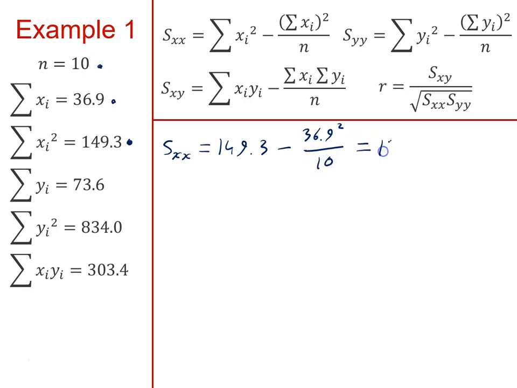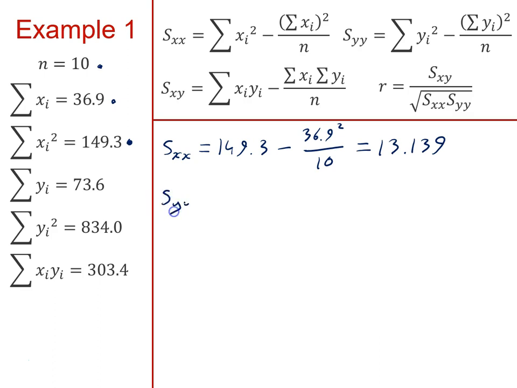Pop that in the calculator, 13.139. I've done it to 3 decimal places. You should always go a little more accurate than you want your answers to be. So if you're going for 3 sig figs, I would go for 5 sig figs at least.